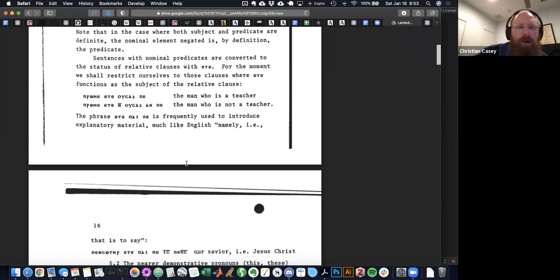So ete goes with nominal sentences in the relative clause. If you wanted to use ent, you could use a verbal sentence in the relative clause. So you could say tanseve ent eis vo in hetes. So the school which I taught in it. So if you have a verbal phrase in the relative clause, you would use ent.